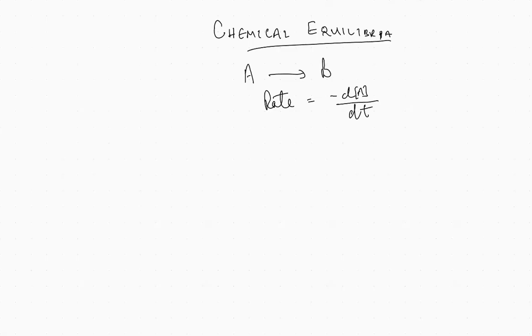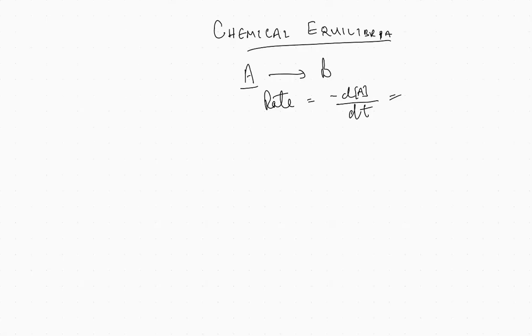The rate is given as the disappearance of A over dt, because if it is a color, we can say the color is changing, that sort of thing. Then you can tell the same thing from the appearance of B, the product, over dt.